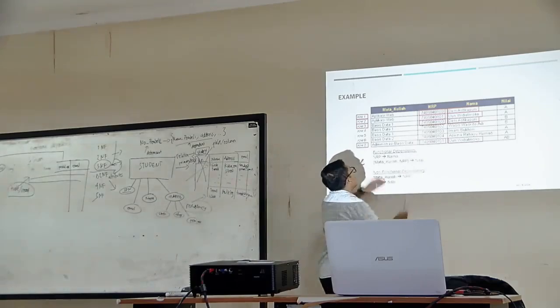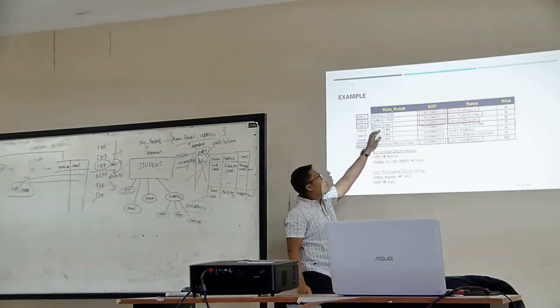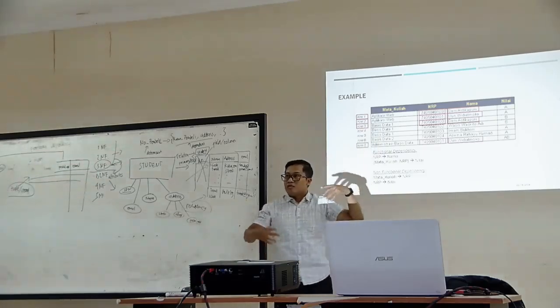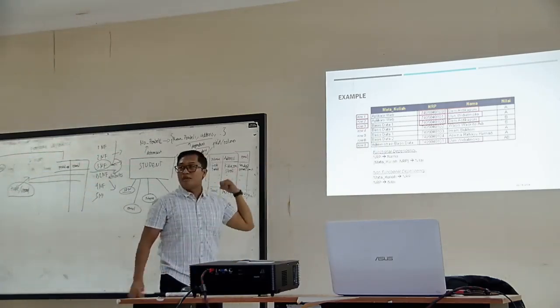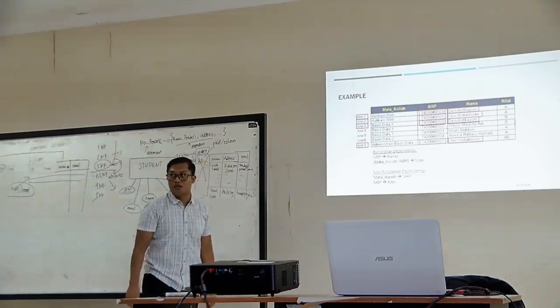Different NRPs use the mata kuliah aplikasi web. So mata kuliah cannot be used for determinant. So we need to find other attributes.